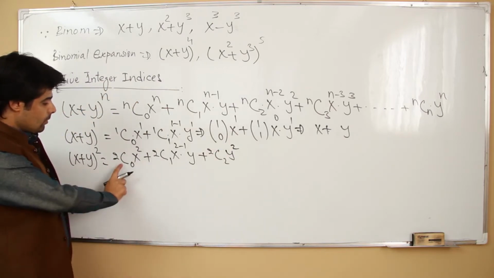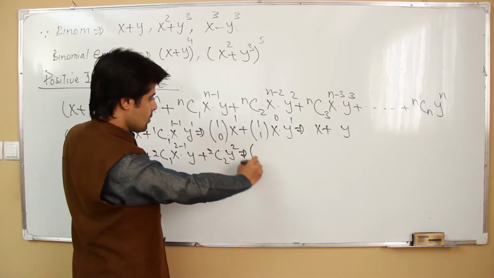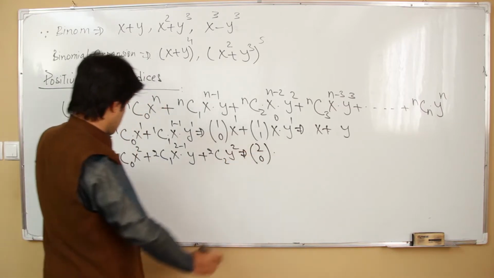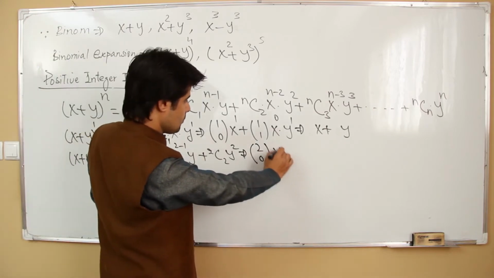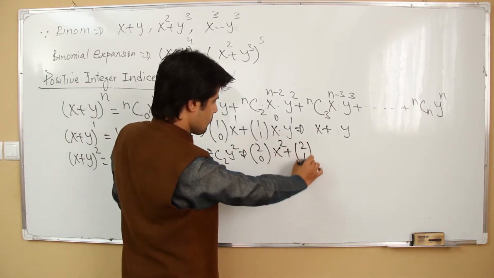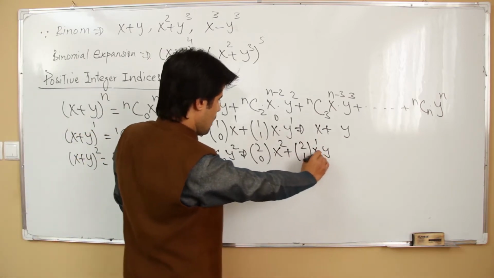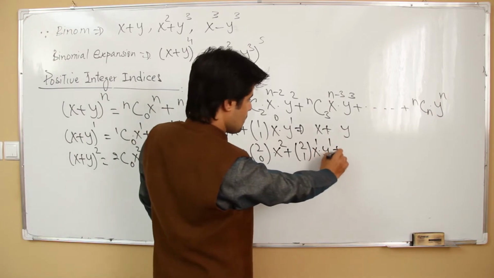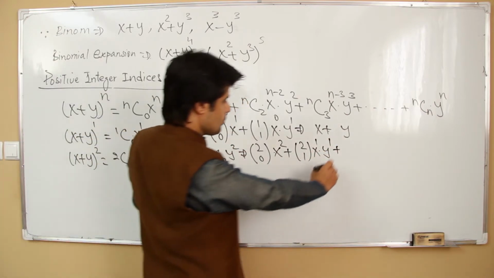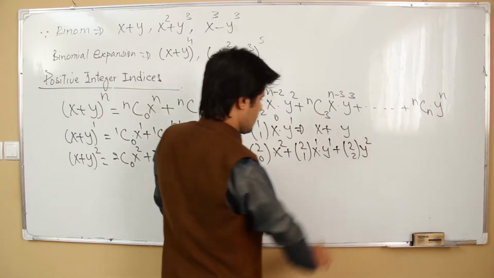Yes. Now 2 combination with 0, it means 2 by 0, x to the power 2, plus 2C1 x to the power 2 minus 1, which is 1, y raised to the power 1, plus 2C2 y raised to the power 2.